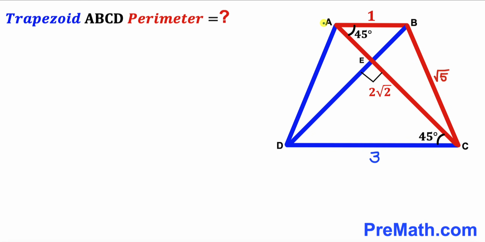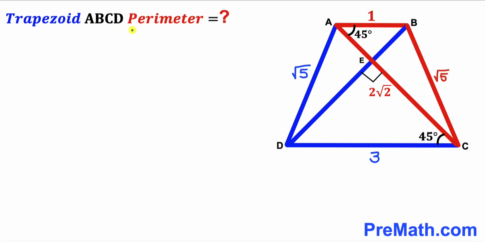And now let's make an observation. We can see that this side AD is going to be equal to this side BC by the definition of symmetry. We know this BC segment is square root of 5. So therefore this AD segment length has got to be square root of 5 units as well.